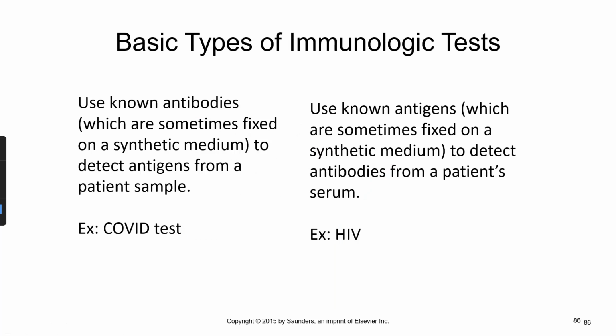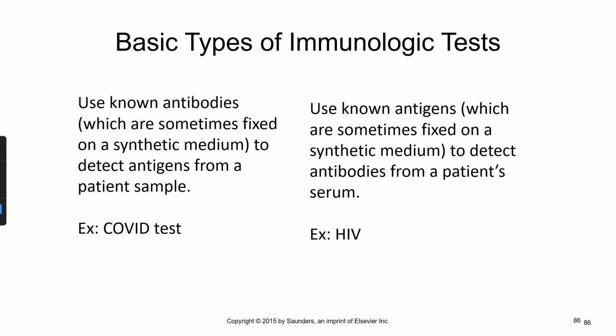There are two basic types of immunologic tests. The first one is when we use known antibodies. So we have an antibody that specifically recognizes COVID, or an antibody that recognizes human chorionic gonadotropin, HCG, in a pregnancy test.